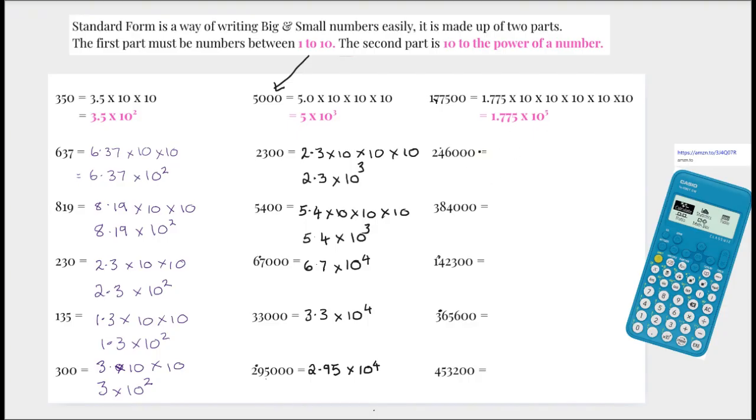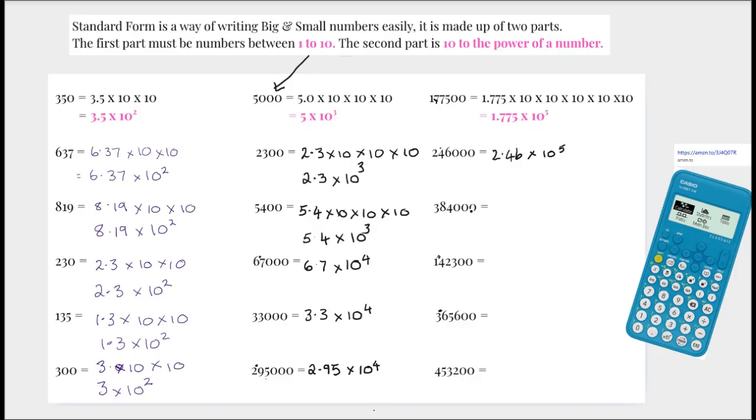So let's move on to this one. 1, 2, 3, 4, 5. Yep, 2 and 4 makes our criteria. So we've got 2.446 times 10 to the power of 5. Okay, the next one is 384000.